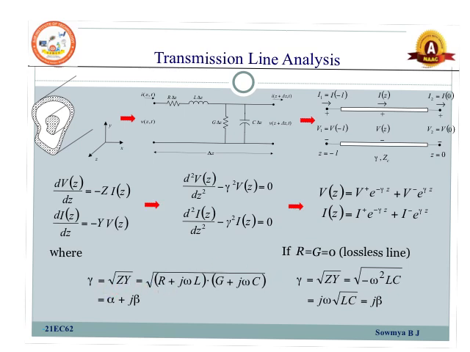Alpha is the attenuation constant, beta is the phase constant. If R is equal to G is equal to 0, suppose it is a lossless line, gamma is equal to square root of ZY, that is square root of minus omega square LC, that is j omega root LC. Root LC is nothing but the phase constant beta.